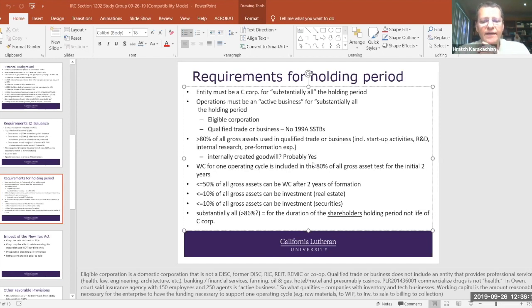That was not providing medical or health services, or at least those types of services were okay for purposes of 1202. In other words, they were a qualified trade or business. Another one was a large insurance brokerage with about 400 employees, 150 employees and 250 agents. And the IRS said that was okay as well.